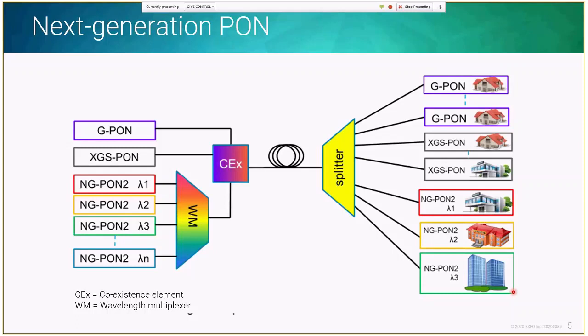There are already some trials with the next generation PON and some networks already built around the world. Today, I would say in Europe, XGS-PON is the one that is coming to the market, and the new generation PON will come just after that.